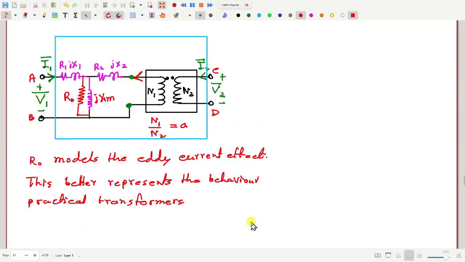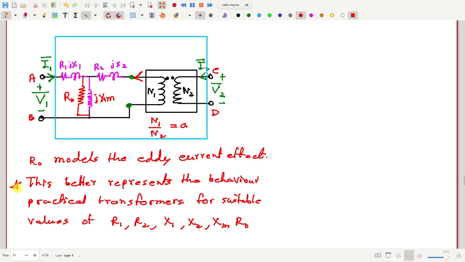Again, the main thing I want to convey is that this circuit will better represent an actual practical transformer for suitable values of R1, R2, X1, X2, XM, R0, etc. That is the main point.